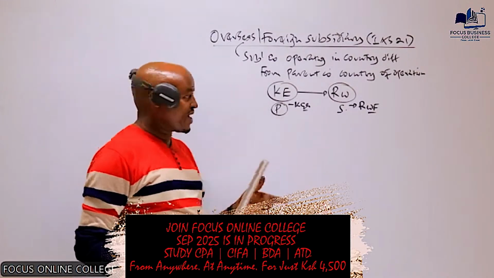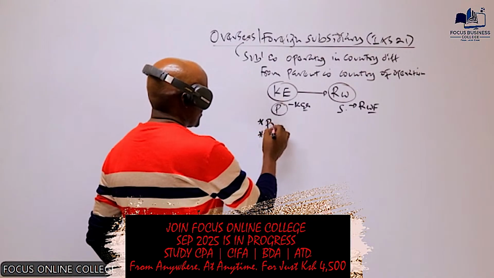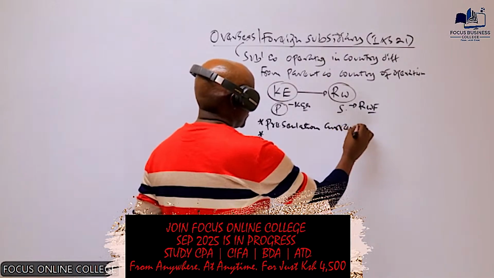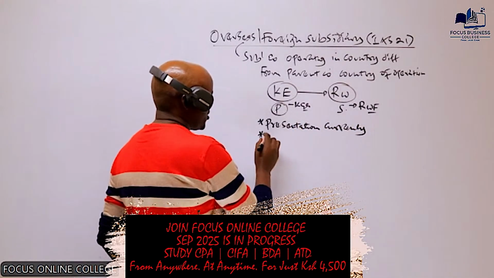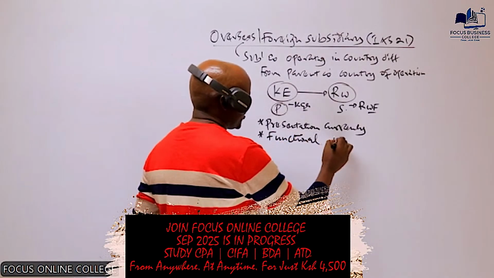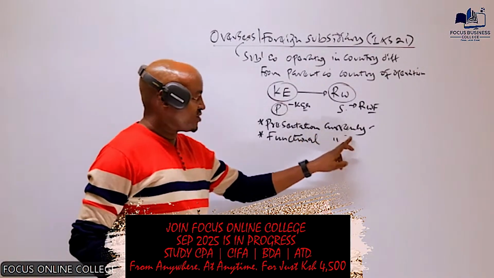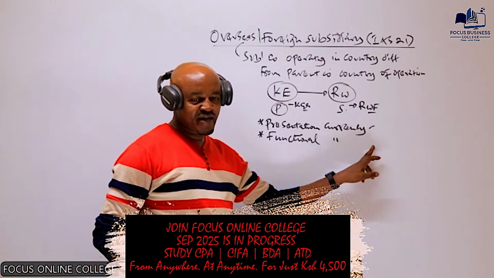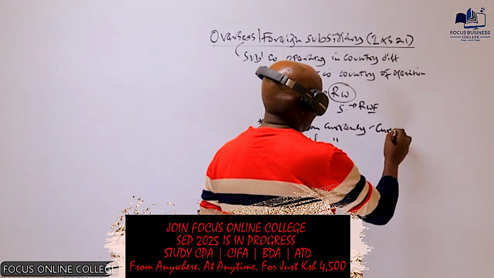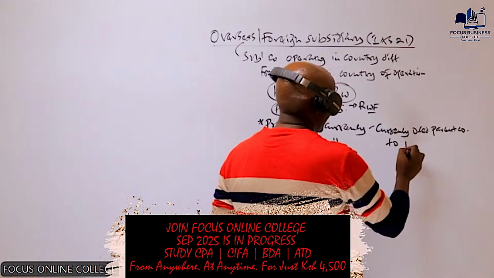But even before we do that, there are two terms we need to define here: the presentation currency, and the functional currency. The presentation currency is the currency used by the parent company to prepare the group accounts.